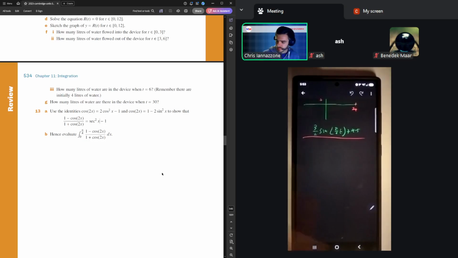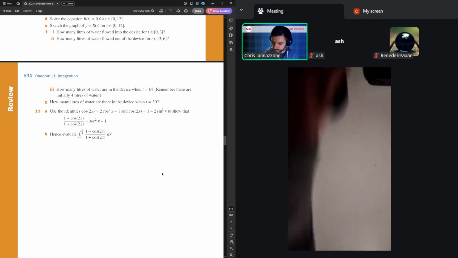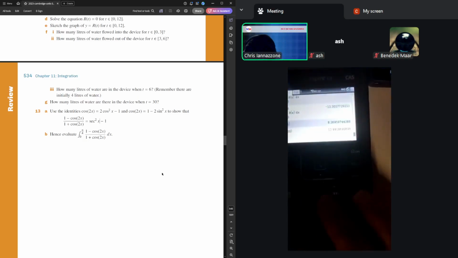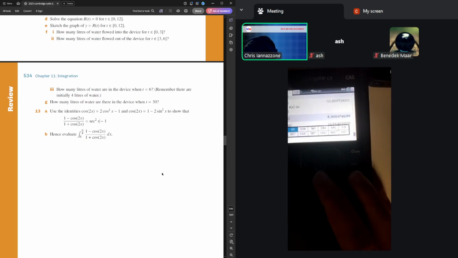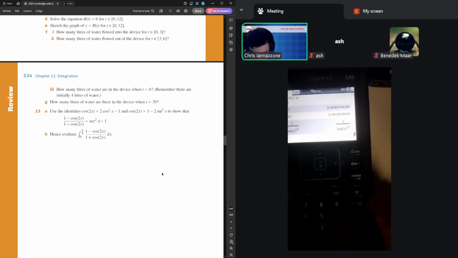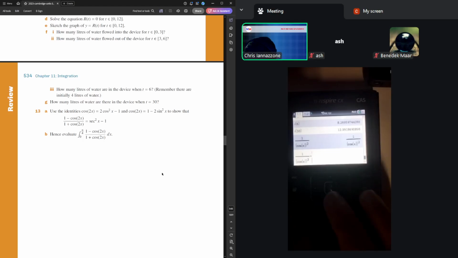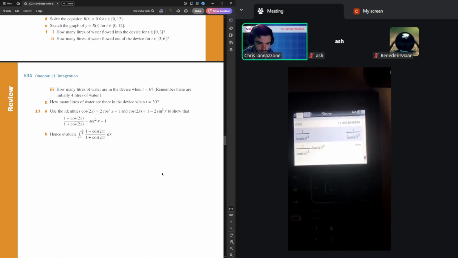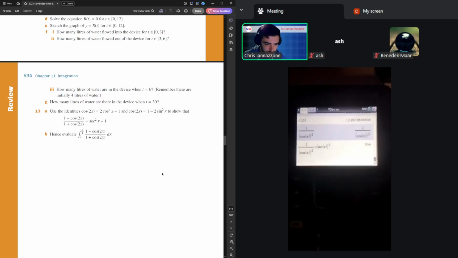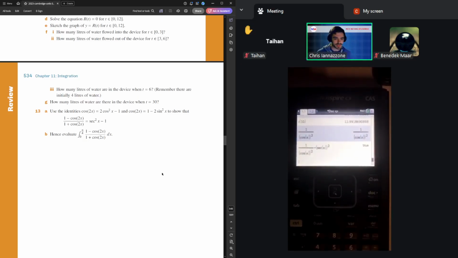In fact, I wonder if the CAS will show that. 1 over cos x squared equals sec squared. Cool, okay. So just for everyone else, yeah, 1 over cos squared is sec squared.